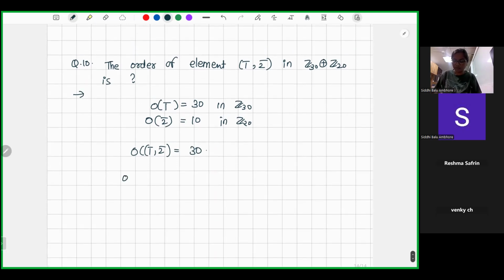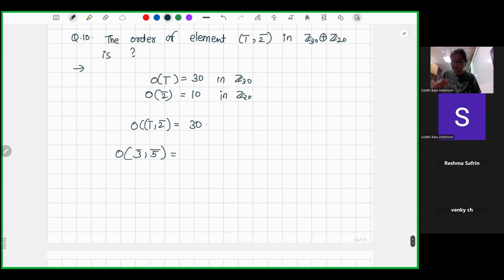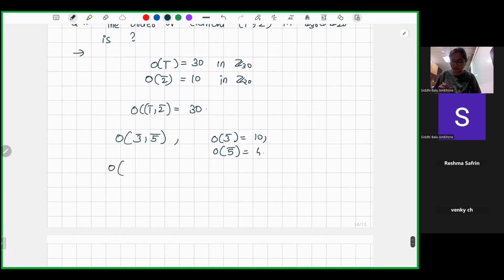Similarly, if you check, if I want to calculate the order of (3 bar, 5 bar), the order of 3 bar is 10, and the order of 5 bar is 4. So what will be the order of (3 bar, 5 bar) here?